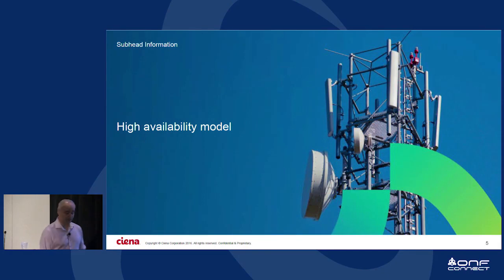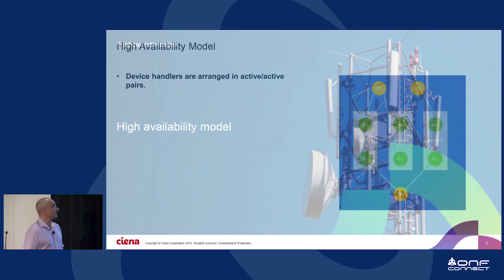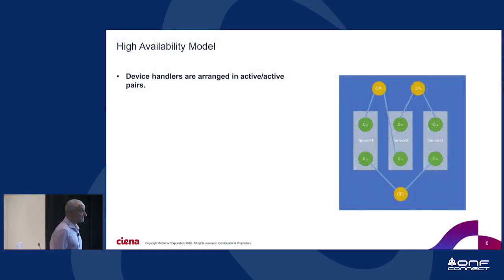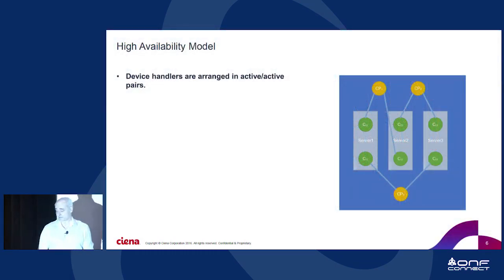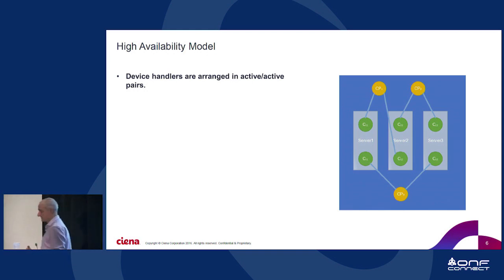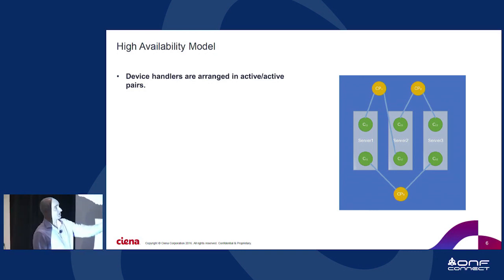So the next thing we're going to look at is the high availability model. VOLTHA's high availability model is based on two fundamental concepts, redundancy and distribution. Okay, so redundancy meaning that every single operation is always sent to two instances of the core. And the distribution is across a multitude of servers.